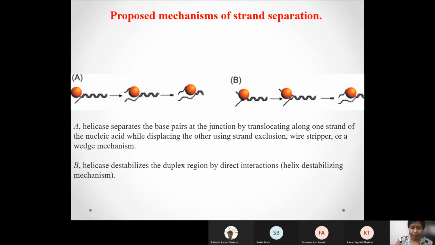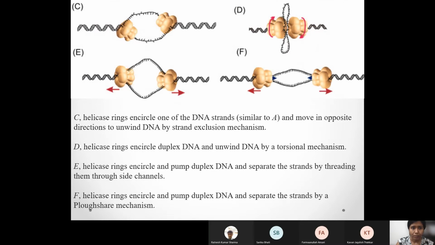So, if we now look at how these hexameric helicases behave, that's more interesting because you can think of a lot of possibilities.